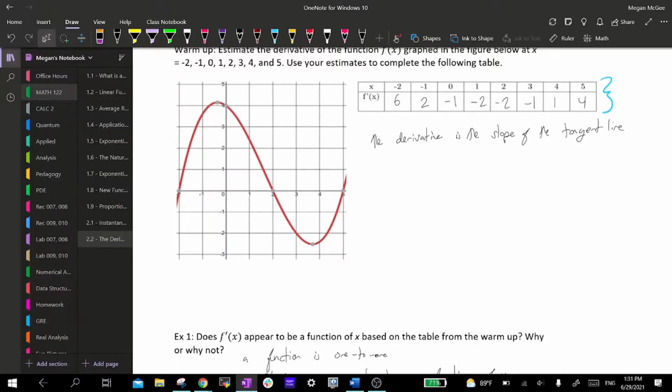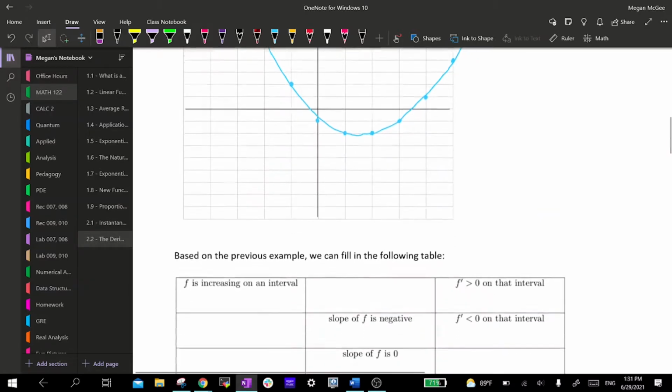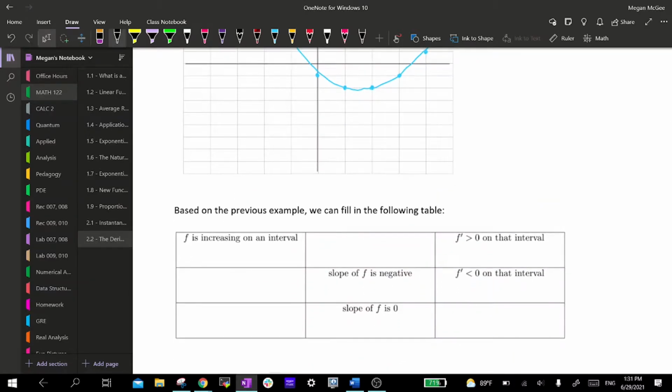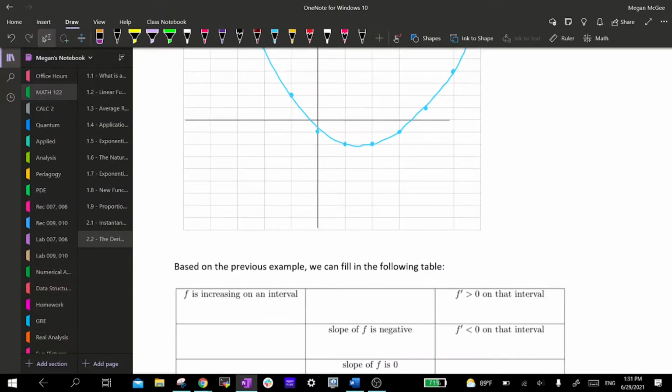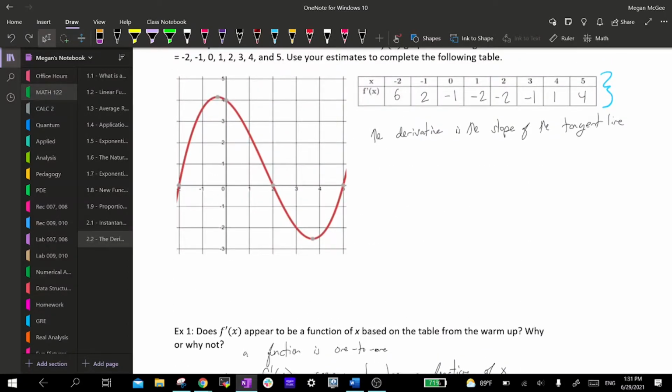All right, so based on this information, we can fill in the following table. So when f is increasing on an interval, all right, so let's go back up to our function and see where f is increasing.